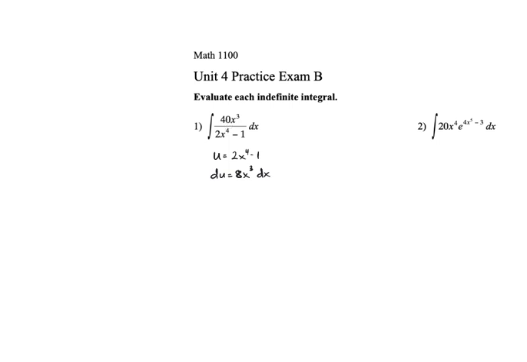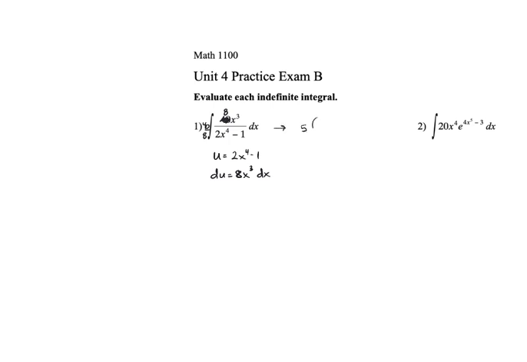Remember, if the coefficient's wrong, you can change the coefficient by moving it out here and multiplying by the coefficient that you need, as long as you also divide out there. So, this now becomes du over u, which is going to allow us to use the natural log rule. And then 40 divided by 8 is 5.